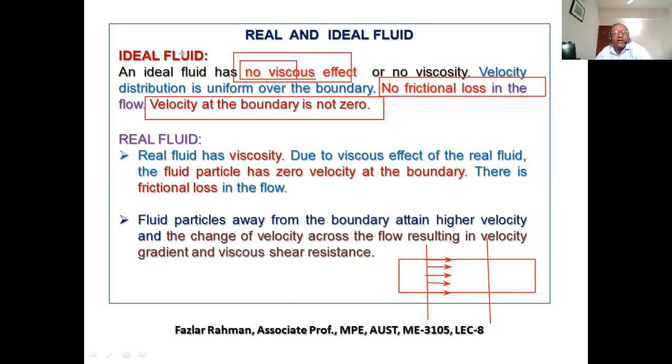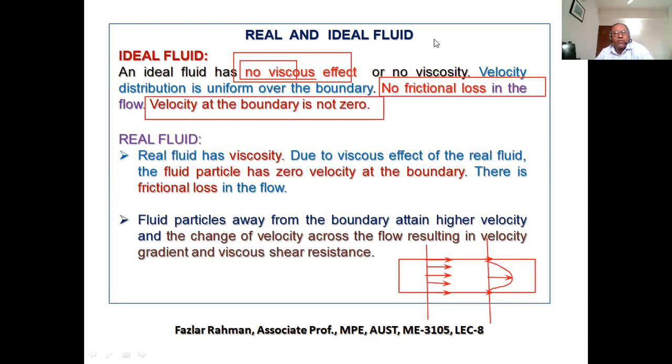But in reality, the velocity profile comes like this if you think the fluid has a viscosity, because for the fluid particle right over here, the velocity is 0. Over here it is 0, but in the middle the velocity is high. That is saying that the velocity distribution is uniform over the boundary in the case of an ideal fluid.